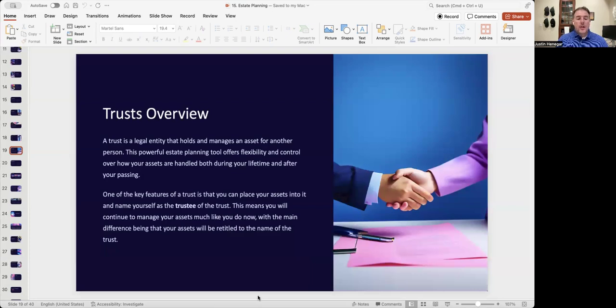And you, as the grantor, the person establishing the trust, can make changes to the trust as you see fit. Okay. And again, what's nice about a trust is that by default, it has beneficiaries who will receive the assets from the trust, and it does not go through the probate process. So there are a lot of people who like to have a trust so that it doesn't have to go through the court system.